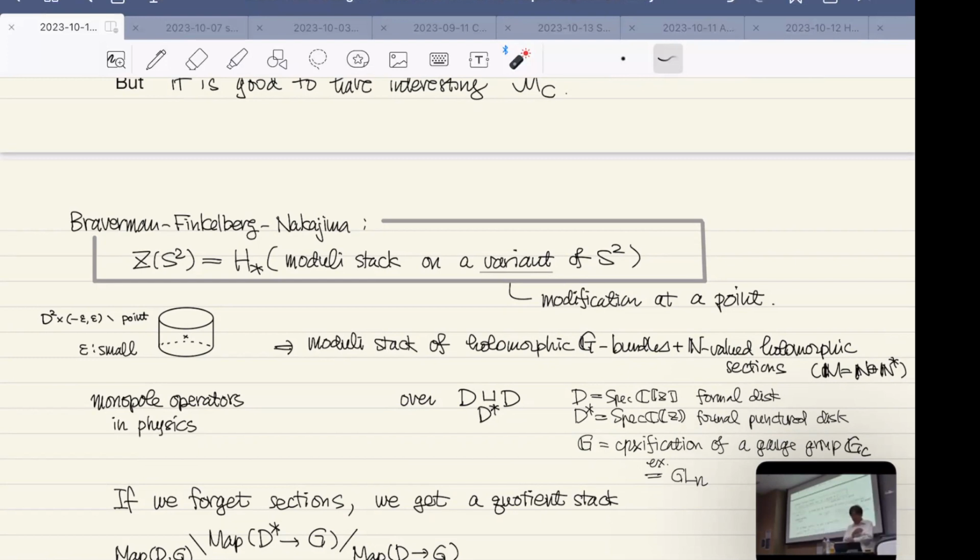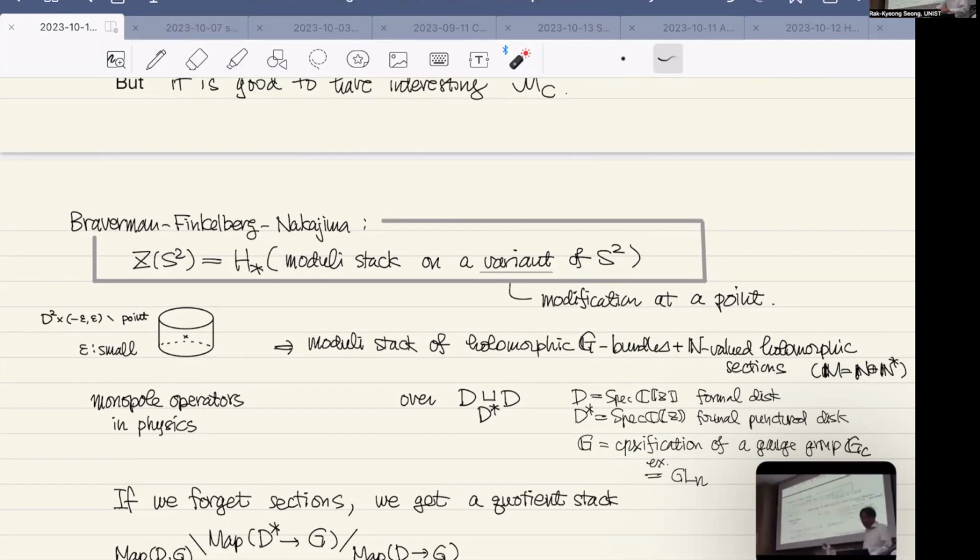As I said, the monopole operator corresponds to a singularity at the three-manifold. So I consider this model, this space. I choose a very small disk times a small interval, and then I remove the point. So the essential point is the singularity at the point.